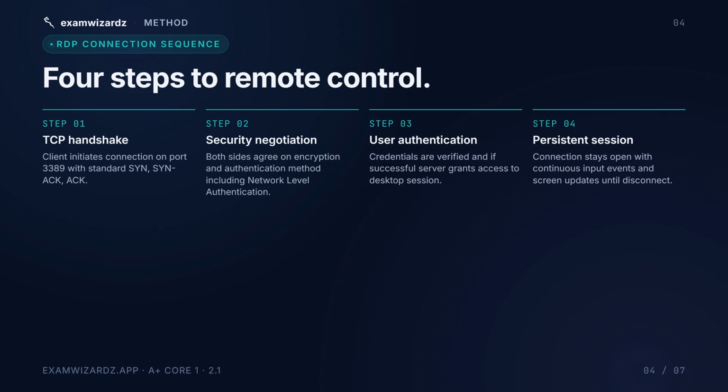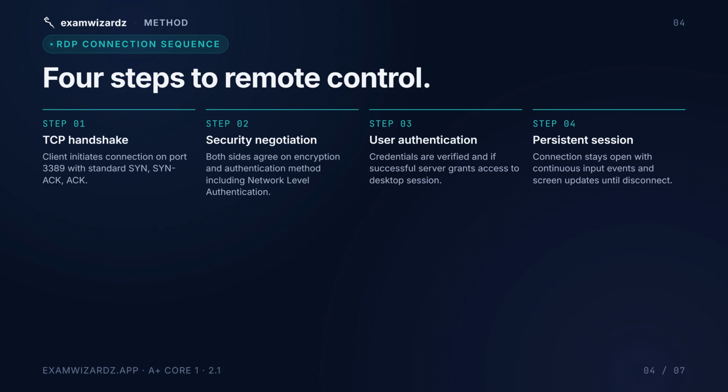Second, the server sends a security negotiation, where both sides agree on encryption settings and authentication method. This is where network-level authentication happens if it's enabled. Third, the user authenticates with their credentials, and if that succeeds, the server sends the desktop session data. Your screen, your applications, everything.